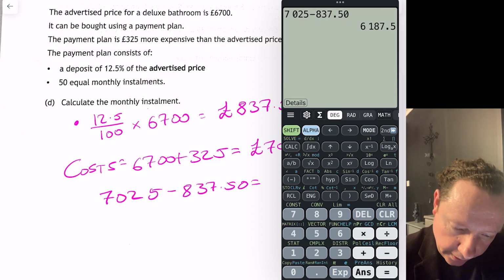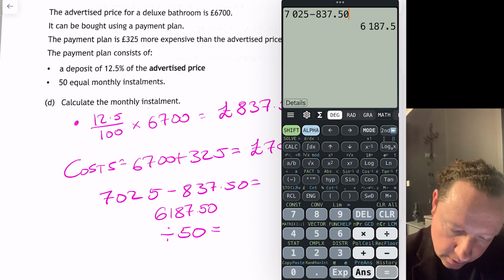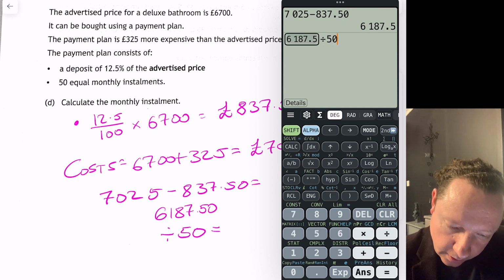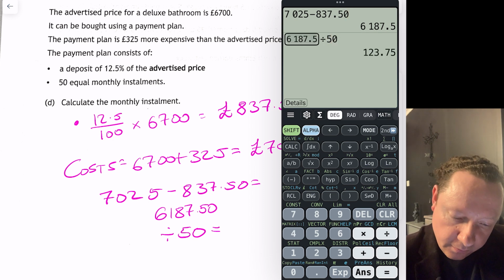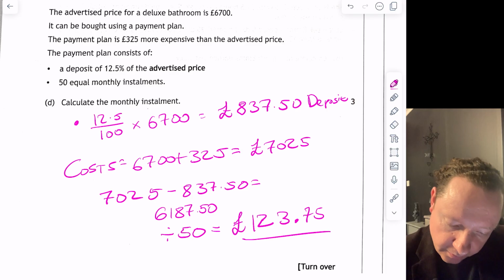That's 6,187.50. So then I just need to divide that by 50 because it's 50 equal instalments. Divide by 50 and you get 123.75. So £123.75 per month, and that's my final answer.